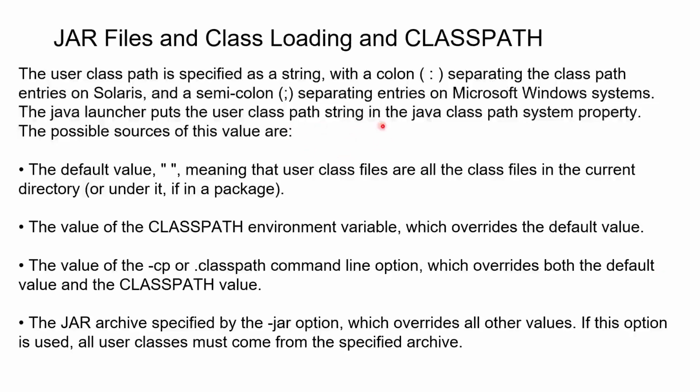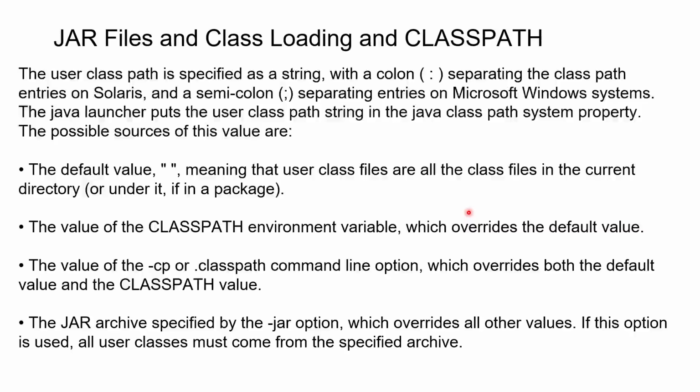The Java launcher puts the user class path string in the java.class.path system property, and some possible sources are, we see here, the default value, which is a dot, meaning that the user class files are all the class files in the current directory. If a class path environmental variable is defined, it will override the default value.